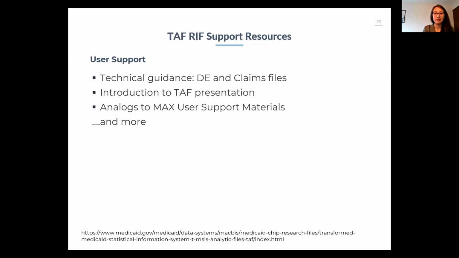The Medicaid site has an introduction to TAF RIF, which I think is pretty helpful. And ResDAC hosts technical guidance documents for the demographic and eligibility and the Medicaid claims files. These have a helpful introduction that integrates the program notes we've been discussing so far with the actual research file production process.